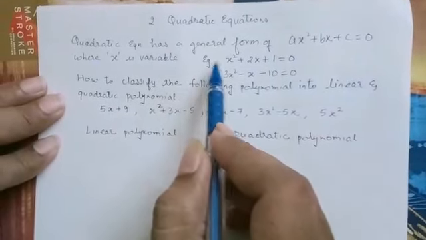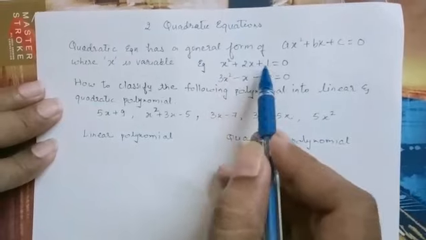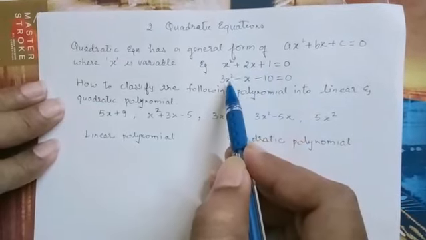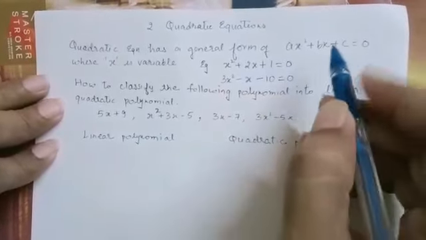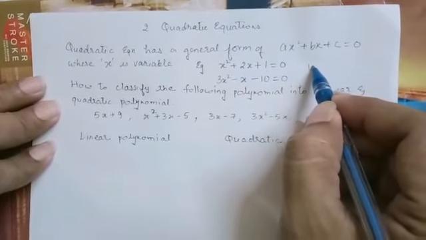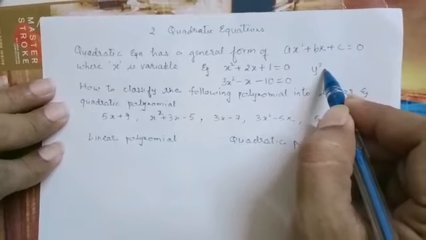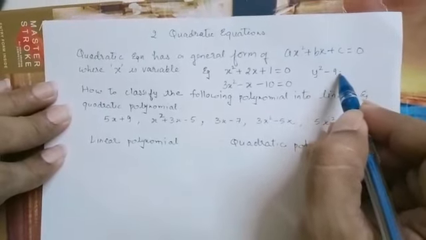An example of this is x square plus 2x plus 1 is equal to 0, 3x square minus x minus 10 is equal to 0, and one more example we can say is y square minus 9 is equal to 0.